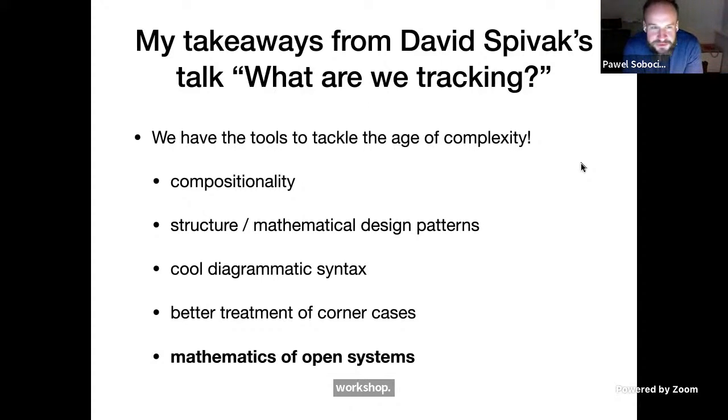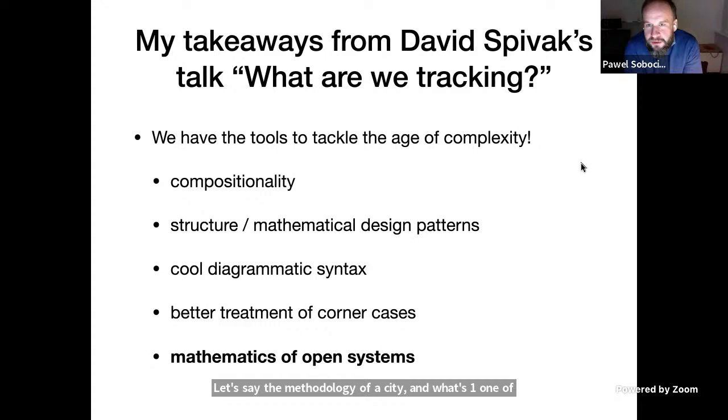I think it was a really beautiful account of, let's say, the methodology of ACT and one of the very promising ways that I think we can move forward and advance as a distinct field. Let me just summarize my takeaways from that talk.